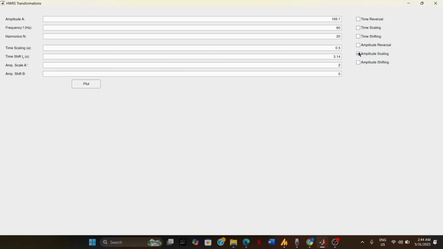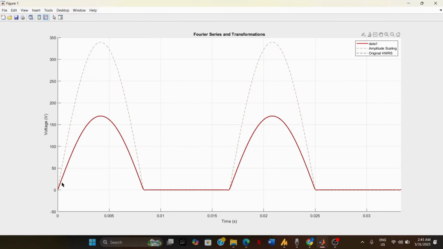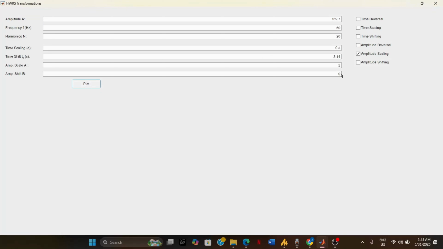A dashed black line plots the actual half-wave rectified sine, which is clipped below 0. Any selected transformations are applied and plotted as dashed lines in different colors.